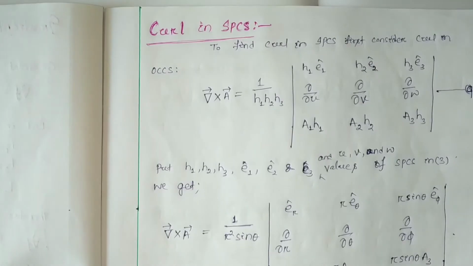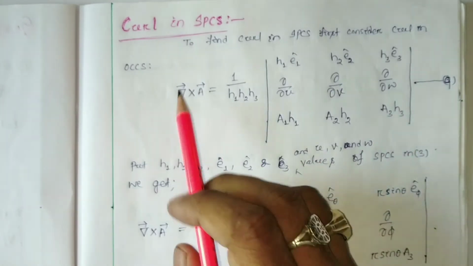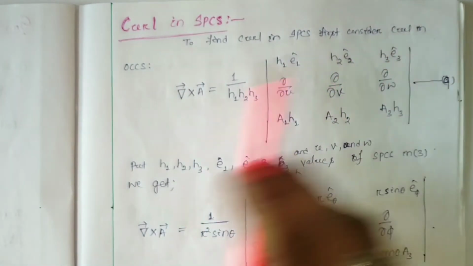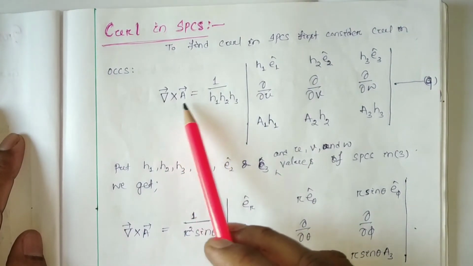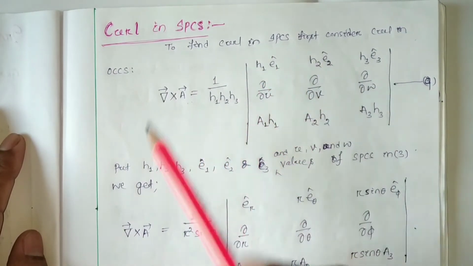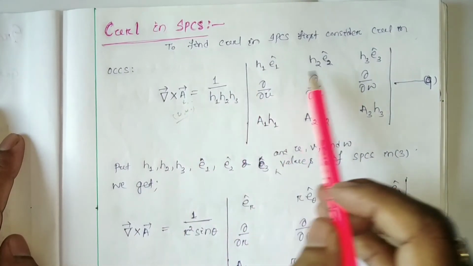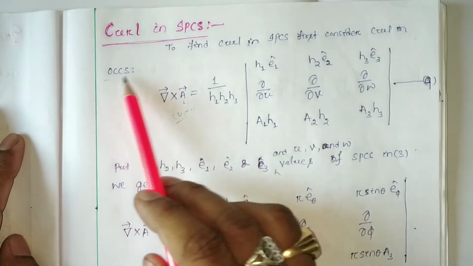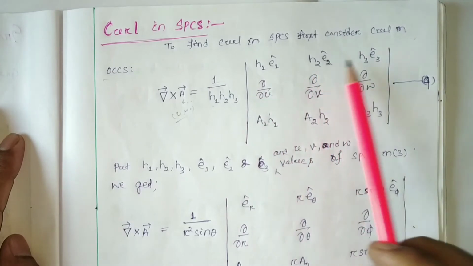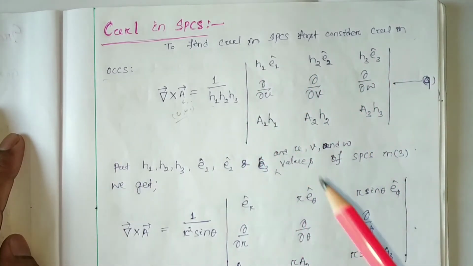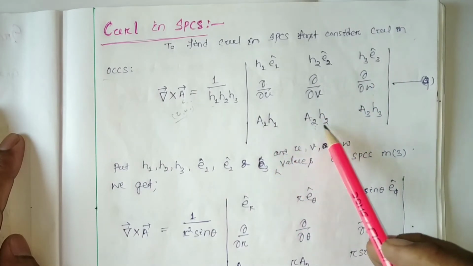To find curl in SPCS, first we have to consider curl in OCCS. We know that curl of a vector function A, a function of u, v and w, in OCCS is 1 by h1 h2 h3 times the matrix with rows h1 e1 cap, h2 e2 cap, h3 e3 cap; del by del u, del by del v, del by del w; a1 h1, a2 h2, a3 h3.